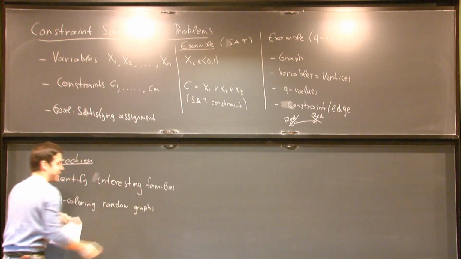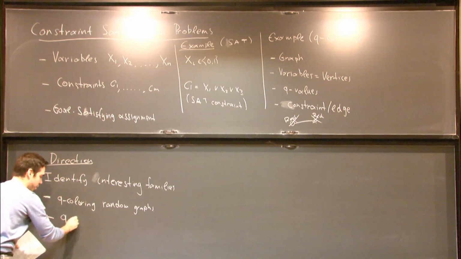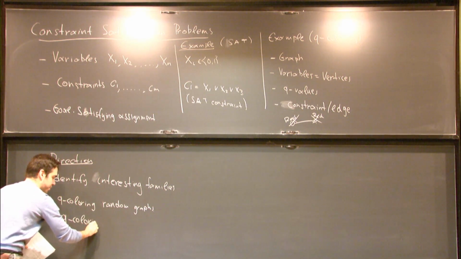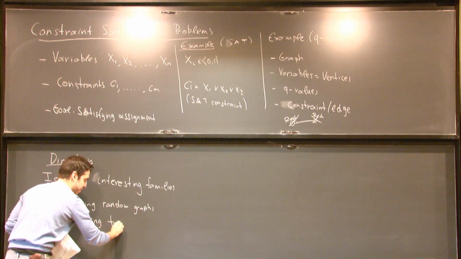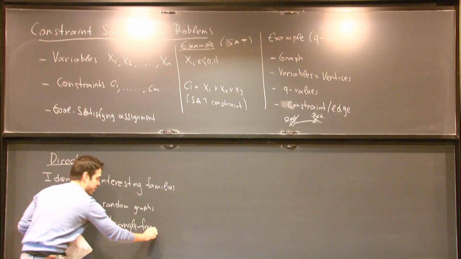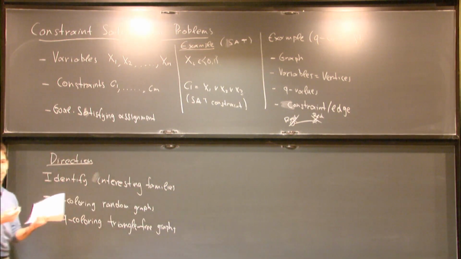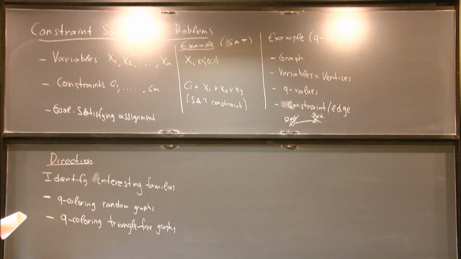So random graphs is an example of a family that is not worst case. So it could potentially have some structure. And another example is Q coloring, let's say, triangle-free graphs. So this is a deterministic family that has some restrictions on the input. Okay, and so this is roughly kind of what we want to do.